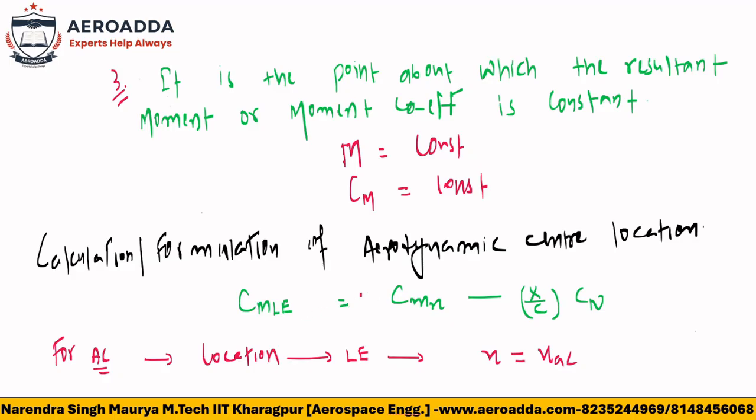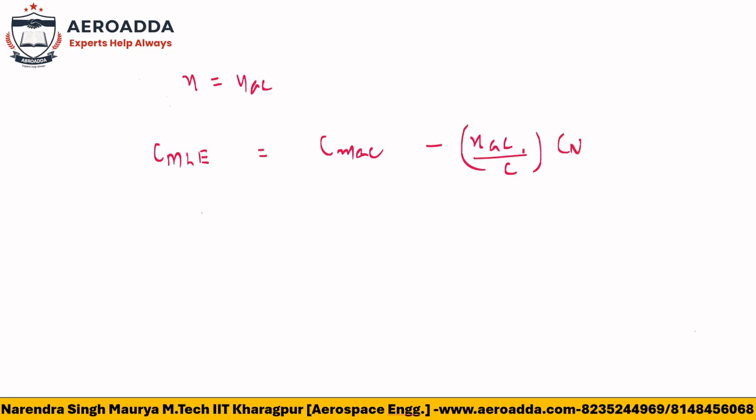So what will you write here? Now X is equal to XAC, so the formulation changes. CMLE, moment about leading edge, is equal to CM, and instead of CM at X, it is nothing but CMAC, moment about aerodynamic center, minus, instead of X, XAC divided by C into CN.